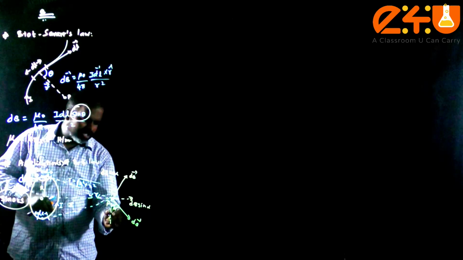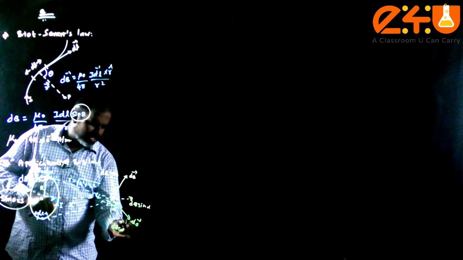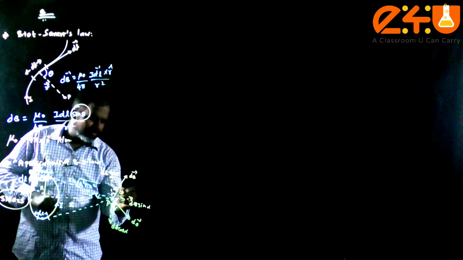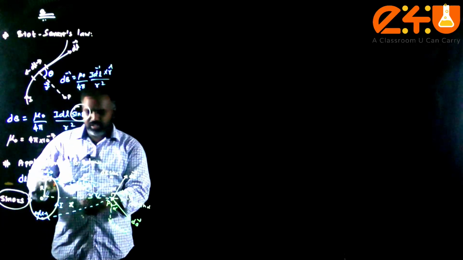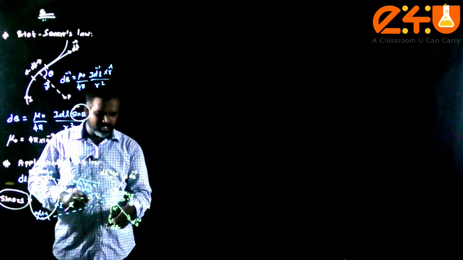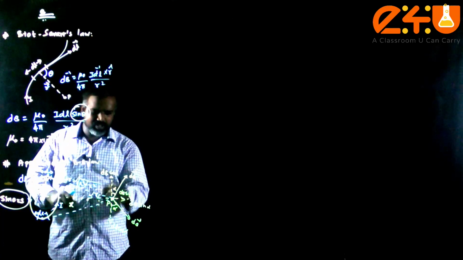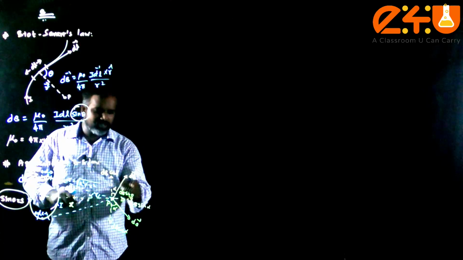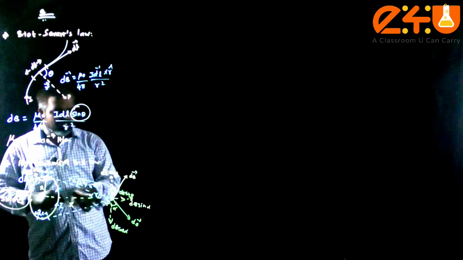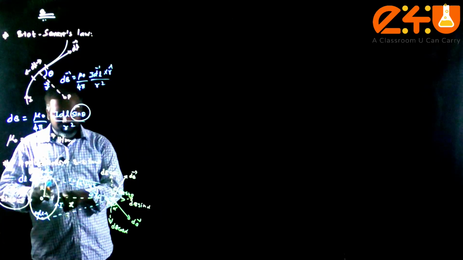Now again you resolve it into components: dB cos alpha and dB sin alpha. Since the same current is passing through, the value of dB is the same. Therefore the vertical component dB cos alpha gets cancelled out. The only surviving component will be dB sin alpha, acting along the horizontal line, or along the axis of the coil.